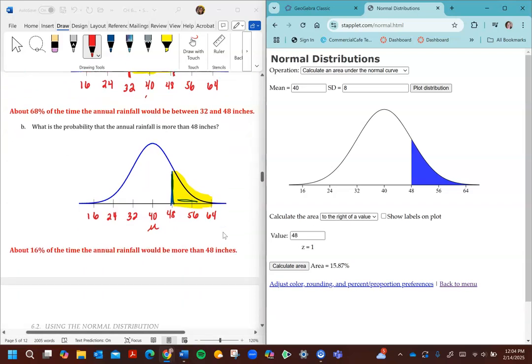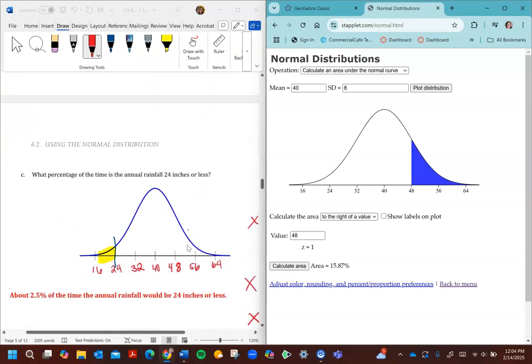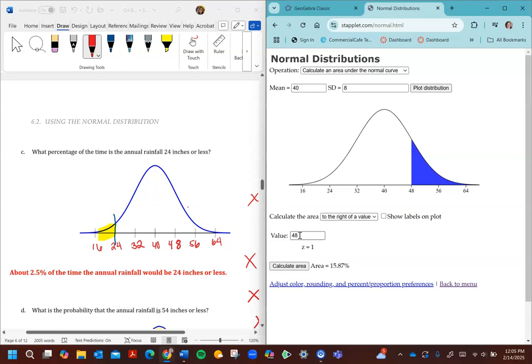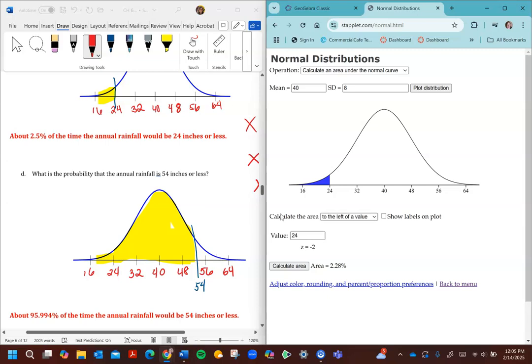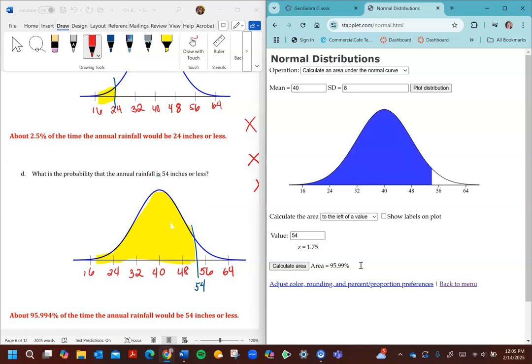If we want to do these others here, the rainfall less than 24, we would just do left of a value. And if we want to do less than 54, so less than 24, our area was 2.28%. Less than 54, 95.99%.